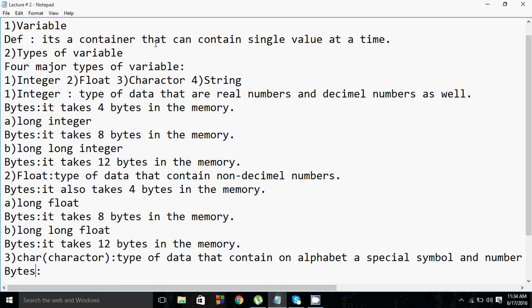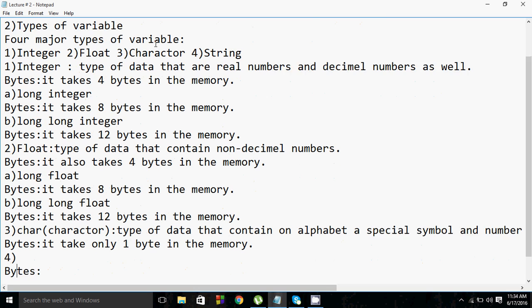Yes, but it takes only 1 byte in the memory.